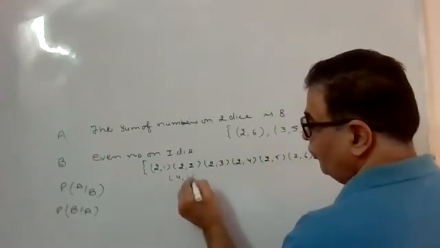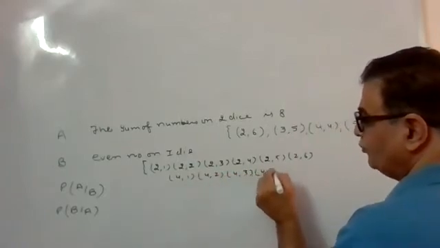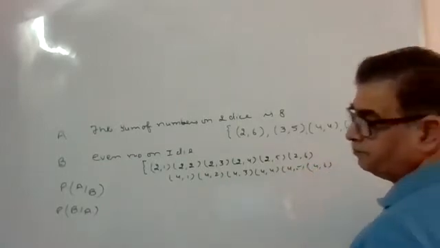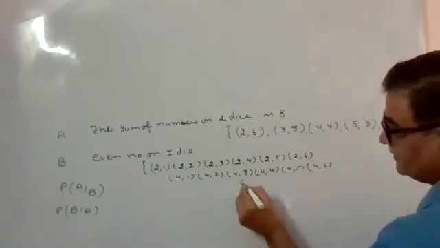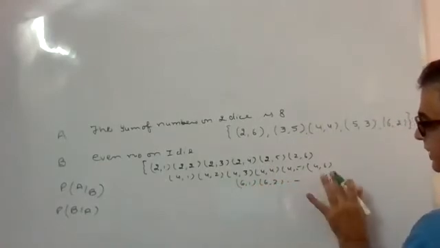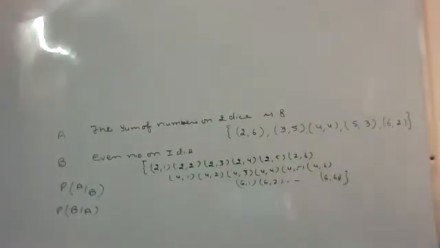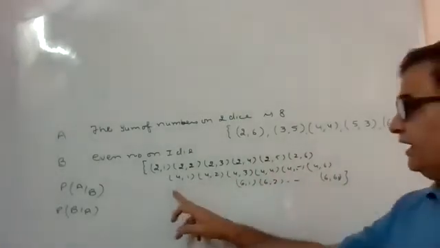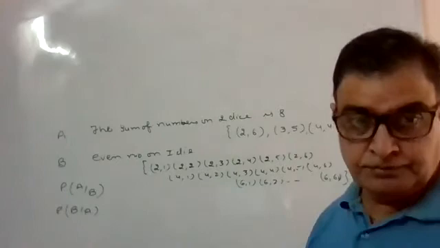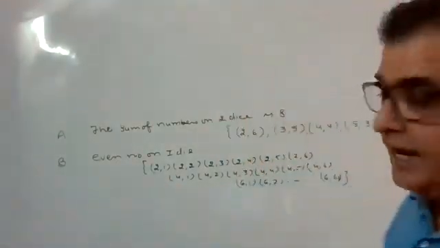Then comes out to be 4 1, 4 2, 4 3, 4 4, 4 5, 4 6. और तीसरा हमारे पास आ रहा है 6 1, 6 2 till 6 6. These are how many cases? 18 cases here. Here we have 5 cases. Now they want what is P(A|B).